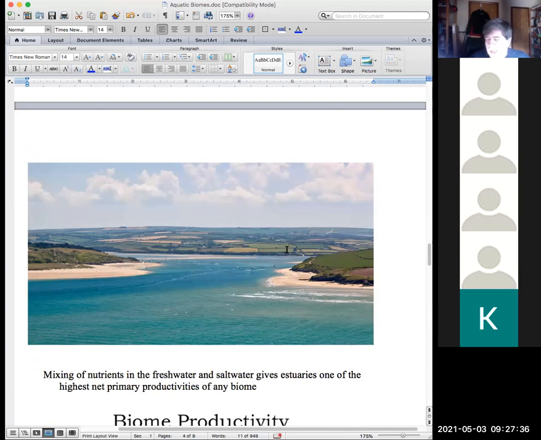Because when we look at cities like New Orleans that have had some devastating hurricanes, part of the problem is that a lot of the estuary land area at the mouth of the Mississippi River has been altered by human activities.